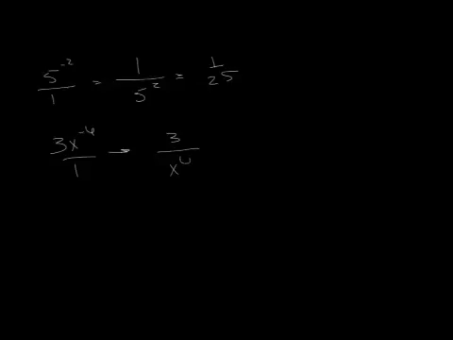So if we have 5 to the negative 2, that means 5 to the negative 2 over 1, which means my 5 and 2 are in the wrong place because there's a negative sign, and when I take it out of the numerator there's nothing left, so I put a 1 up there, so that's 1 over 25. Okay, if I have 3x to the negative 6, again, my 3 is in the right place, so it doesn't move. It's my x to the 6 that's in the wrong place, so that goes down on the bottom.